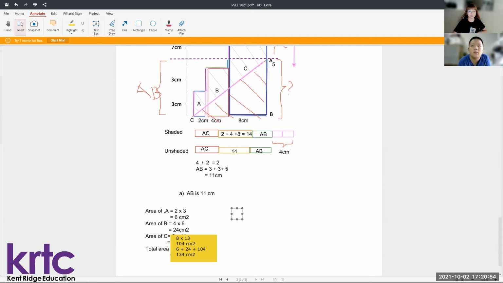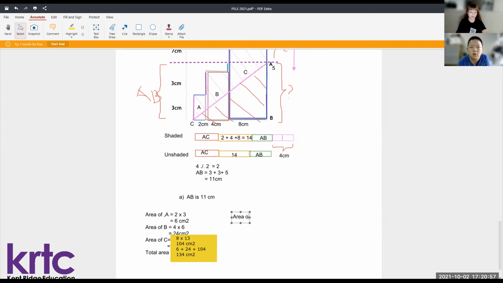So find the area of the triangle. Half times base, which is 14, times height, which is AB, 11, which equals 77 cm square. Now find the area of the shaded part.